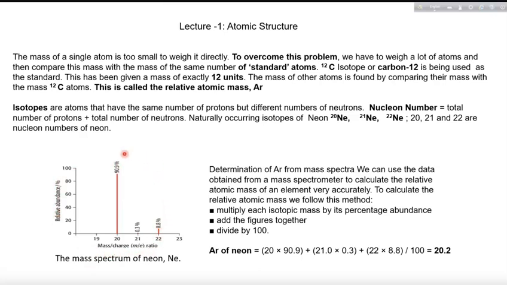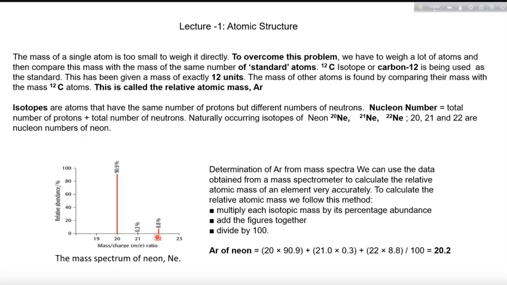If we take neon in the mass spectrometer and do this same experiment, we get a figure like this. What does it mean? It means neon has 3 isotopes: one having mass number 20, another 21, and another 22. This immediately tells us that we can determine the isotopes of an element by mass spectrometer.